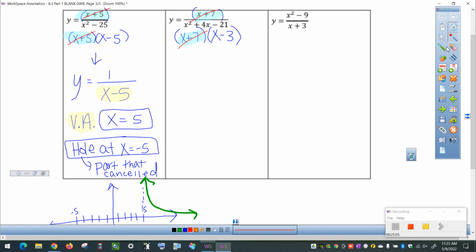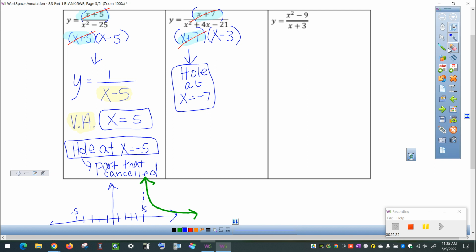And because we're canceling it, the x value corresponding to that part that would make the denominator 0, so if you did x plus 7 equals 0, then x would be negative 7, that's going to correspond to a hole. I'm just going to say here that we have a hole at the x value of negative 7. So it's part of our answer.